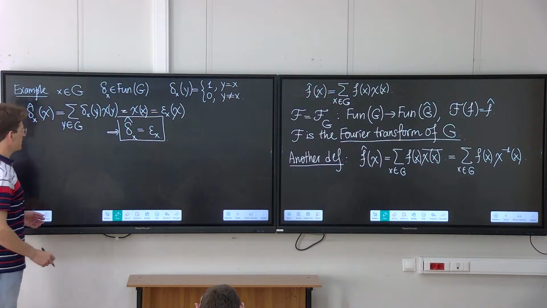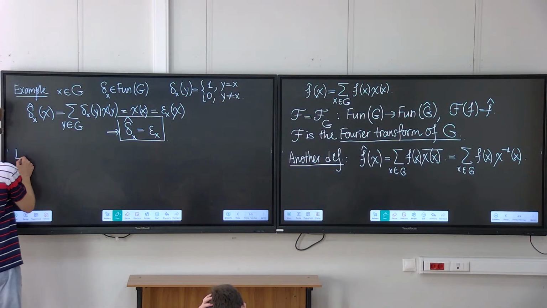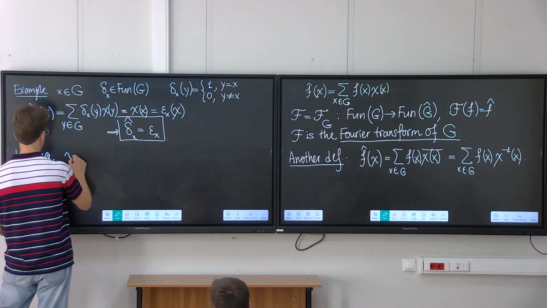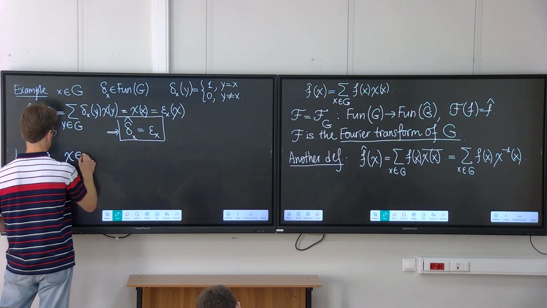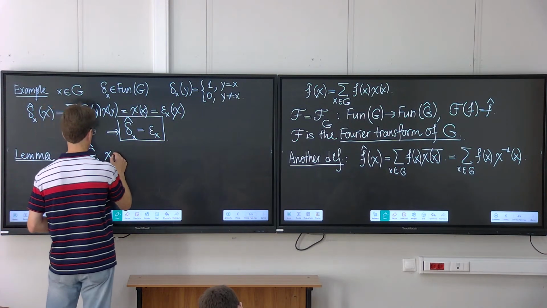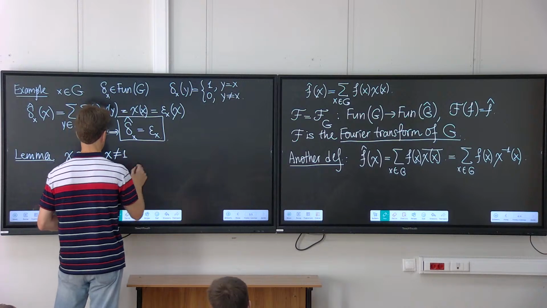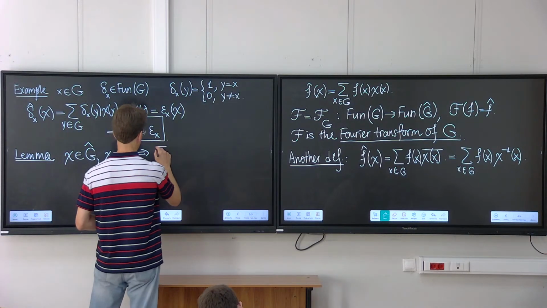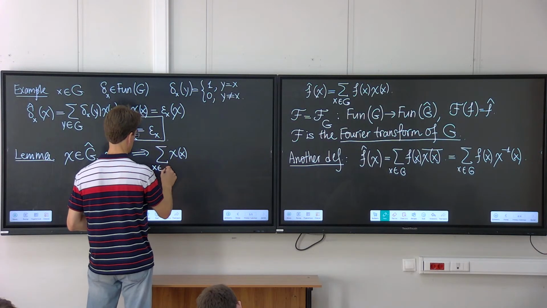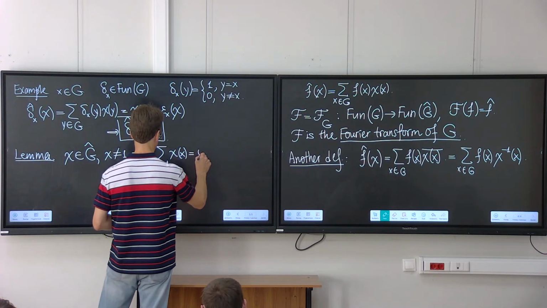To answer this question, we need the following simple lemma. If chi is a character of G which is not identically 1, then the following sum, chi of x over the group, is equal to 0.